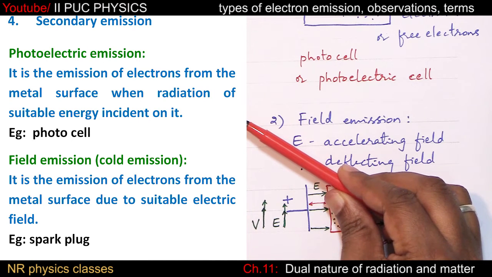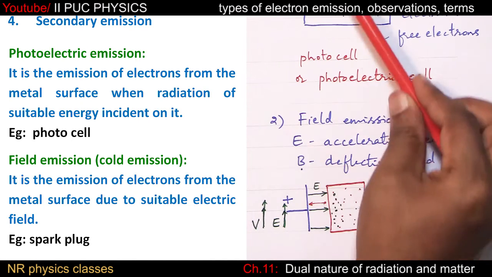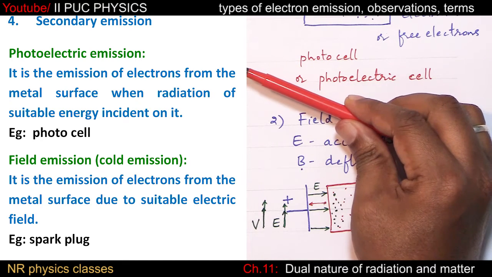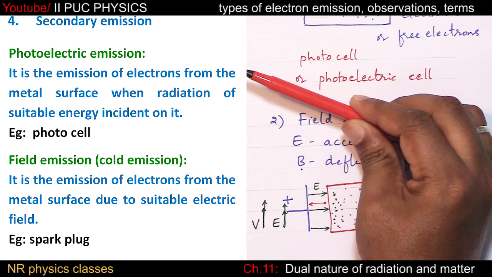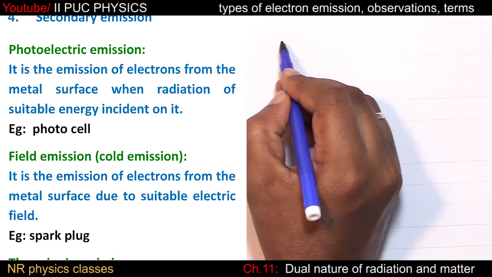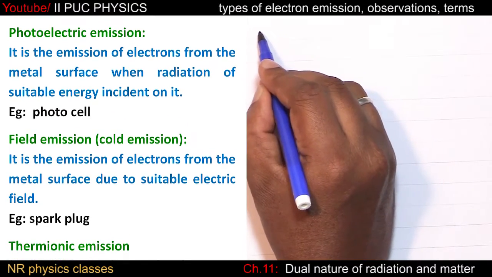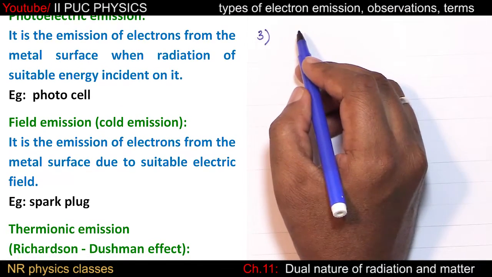It is the emission of electrons from the metal surface due to a suitable electric field. What does the photoelectric effect mean? It is the emission of electrons from the metal surface when radiation of suitable energy is incident on it. Third type, thermionic emission.